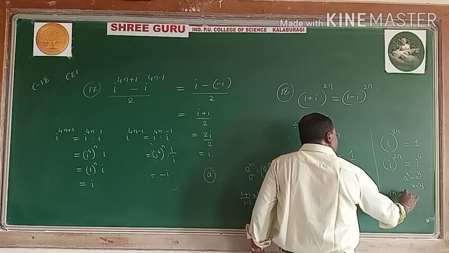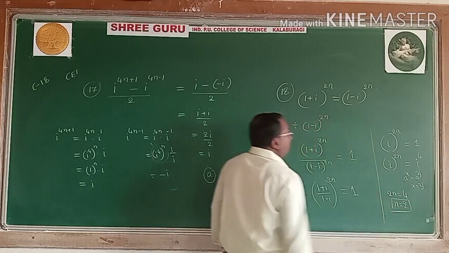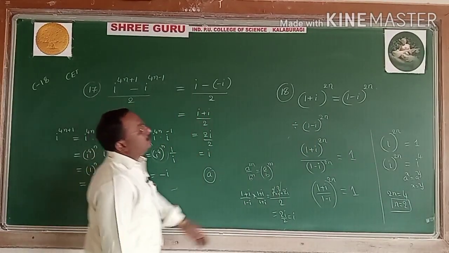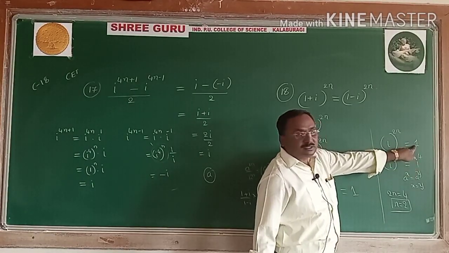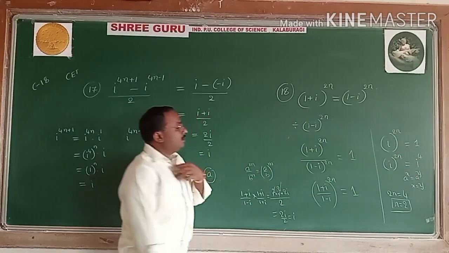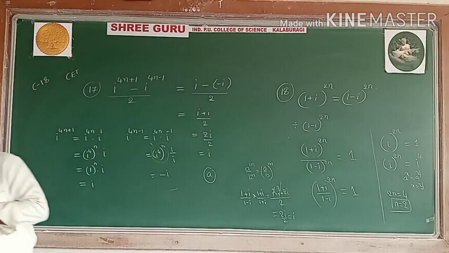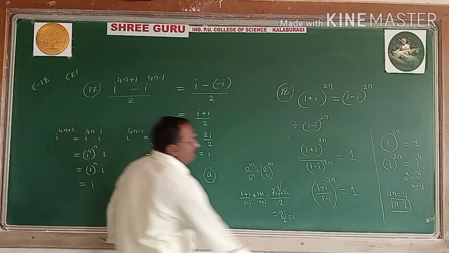So 2n is equal to 4. The n value is 2. i power 4 is 1, same base so the powers are equal. That is the answer. n equal to 2 is the answer to the 18th one. Which option? That is the second option. B is the second option.